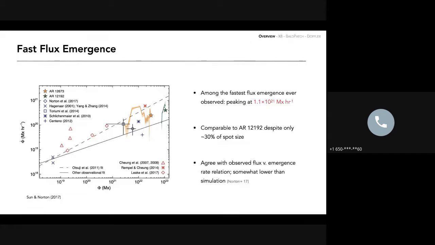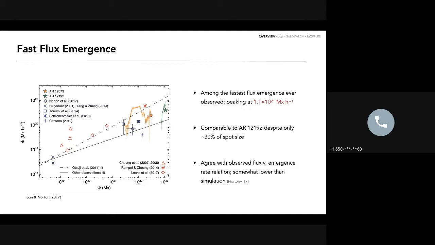One of the most significant features of this active region is that it has one of the fastest flux emergence rates. On the left is a summary of the flux emergence rate on the y-axis, and on the x-axis is the actual magnetic flux of one polarity. The blue dots are individual active regions or smaller ephemeral regions characterized in previous studies. The red symbols are from simulation.